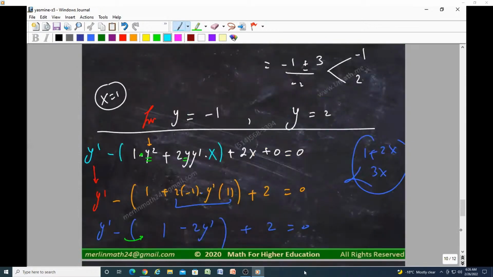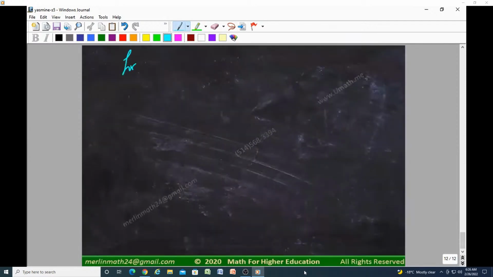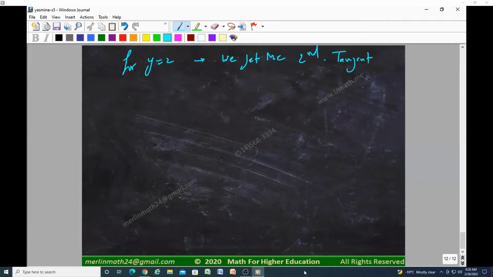Now the second one is related to the second y, which is 2. So now for y equal 2, I'm explaining, and you can write it the way you like in the exam. For y equal 2, we get the second tangent line. I'm writing in a different way every time, so you can choose which way you like.